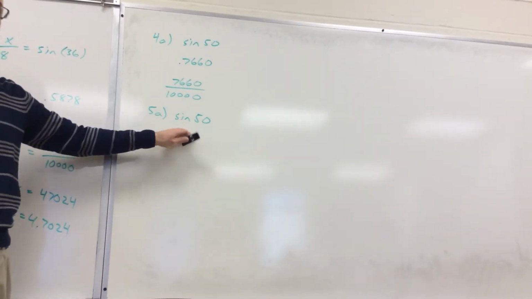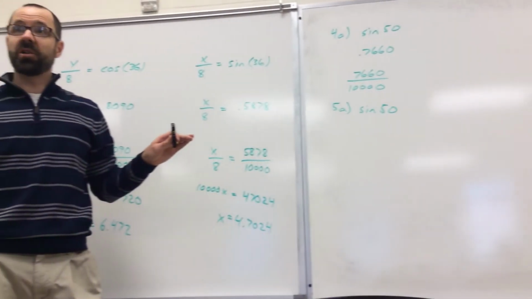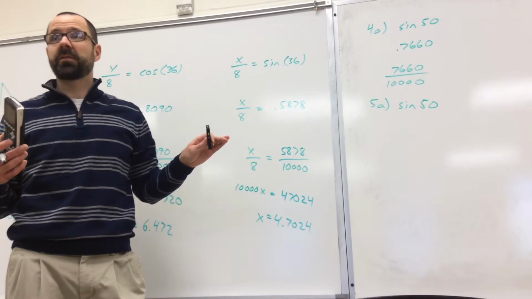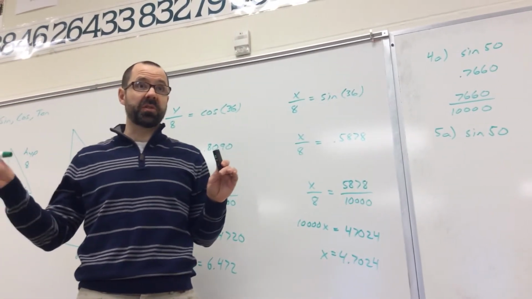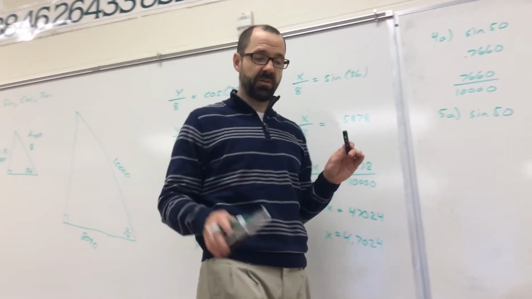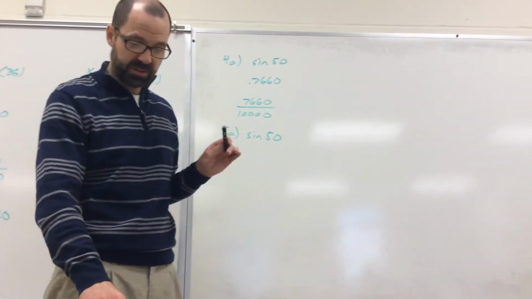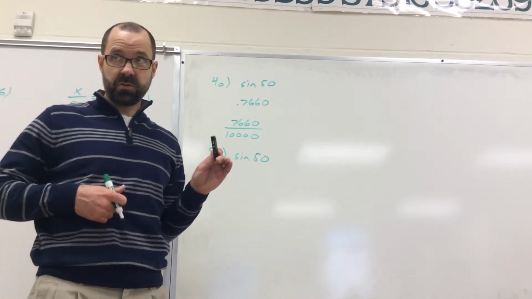Okay, but this problem here, I want to point out that your calculator also knows the sine of 50. So you don't have to use this table to look up sine 50. You can type sine 50. Okay, so if you have your calculator with you, please, some people's are messing up a little bit, so I need to know whose are messing up.